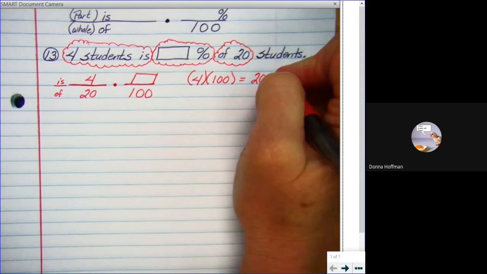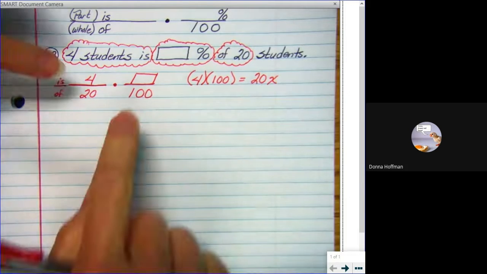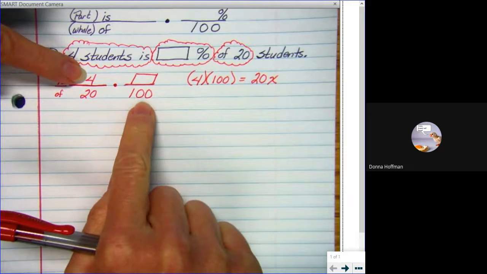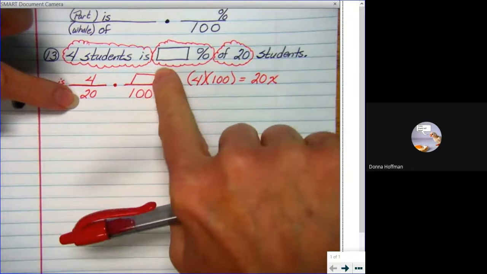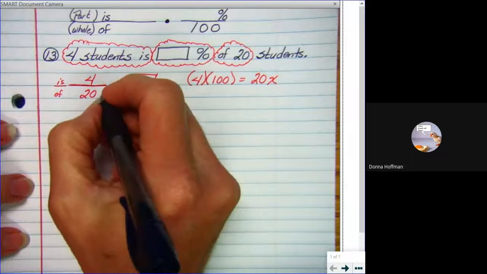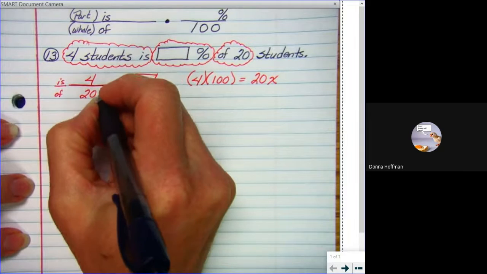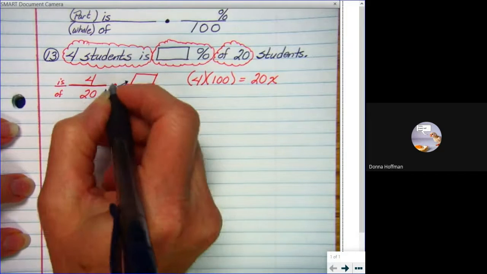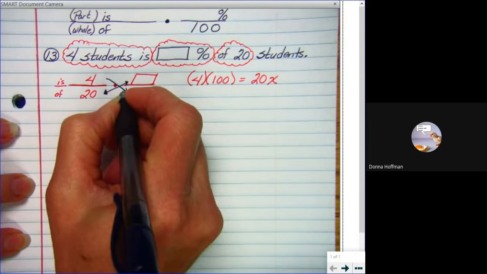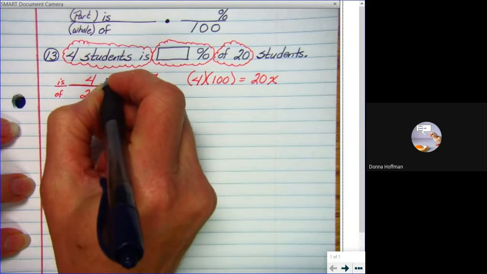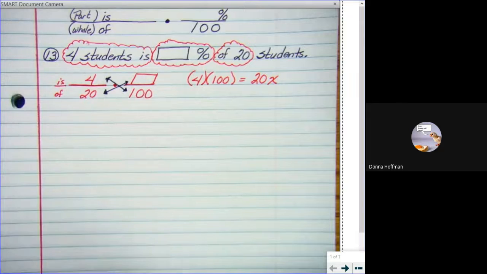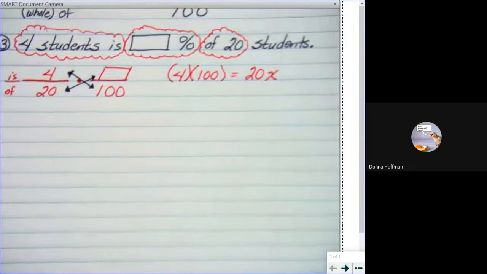X. Okay, once again, it's going to be 4 times 100 equals 20 times X. And this is what I mean by cross multiply. Okay, that's going to help me solve what my percentage is.